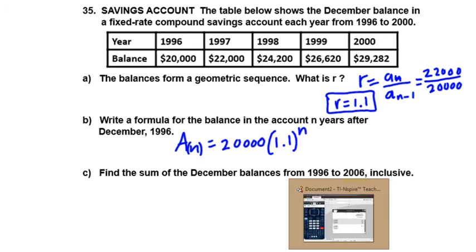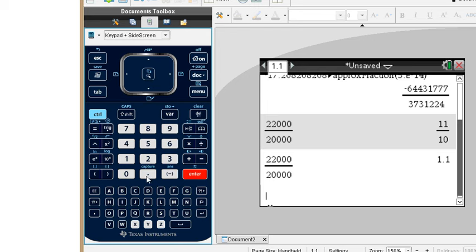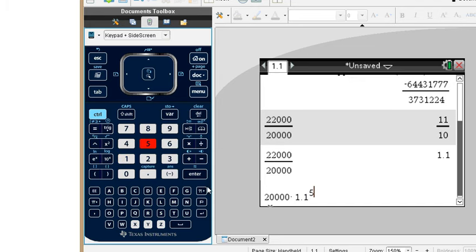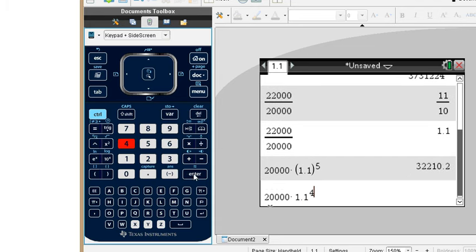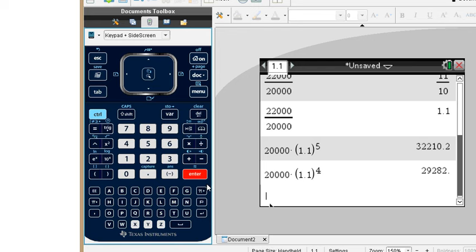Let's try that. 20,000 times 1.1 to the power of 5, we get 49,000. So that's not right. Let's try to the power of 4. 20,000 times 1.1 to the power of 4. We're going to get 29,282, which is what they give in the table for the answer. So n in this case would be 4. So let's go back here.